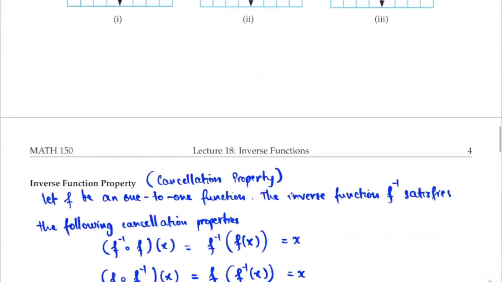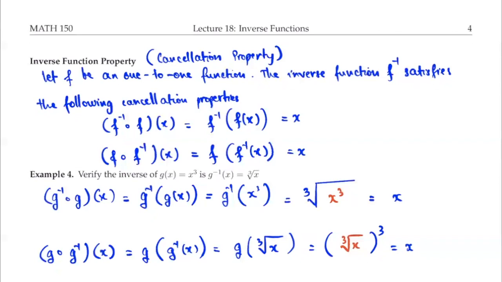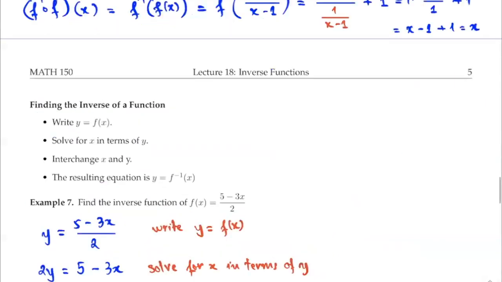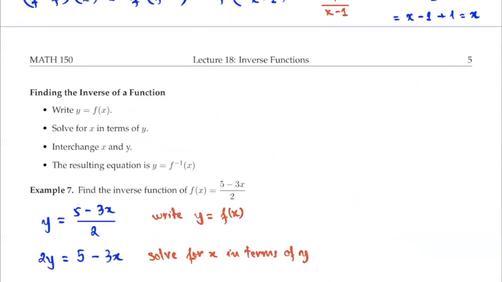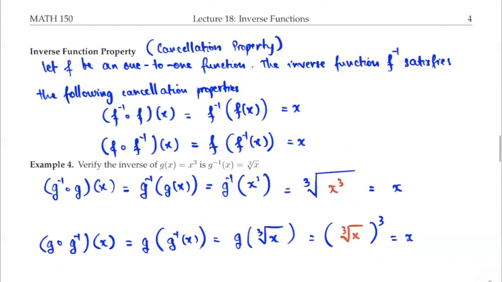And toward the end, we find the inverse functions using the algebraic method. Okay. In order to check if two functions are inverses of one another, we need to check the two conditions in the cancellation property.